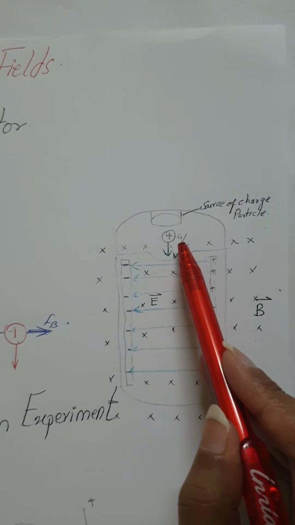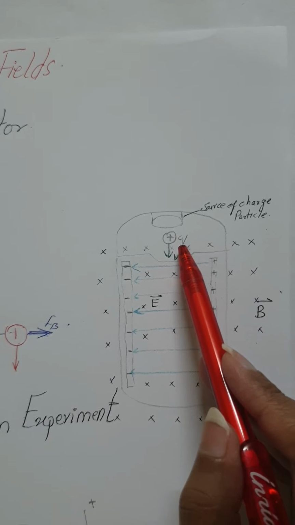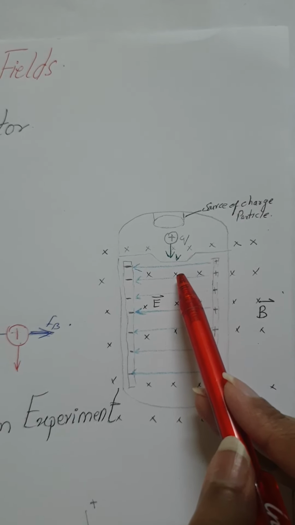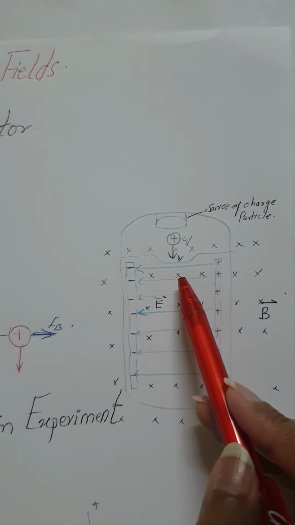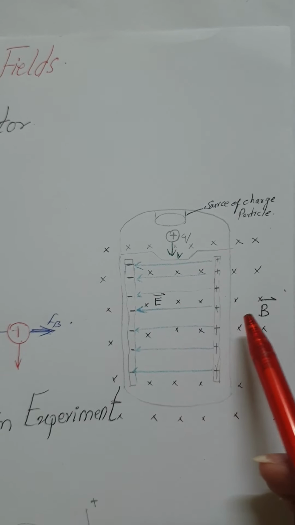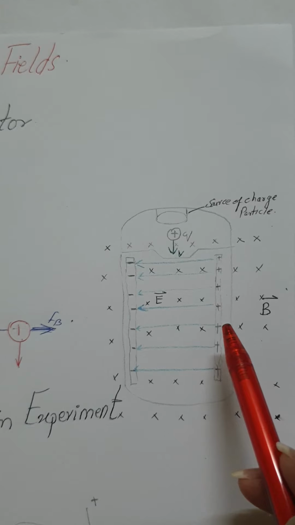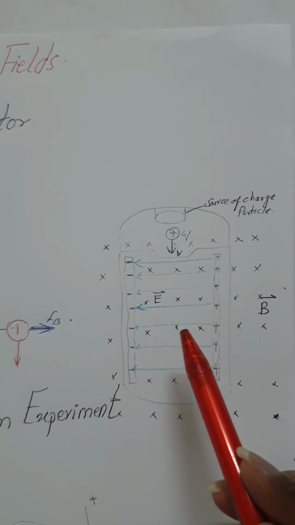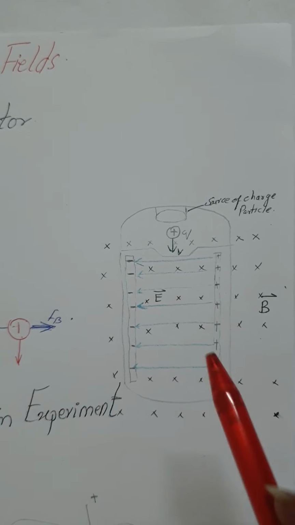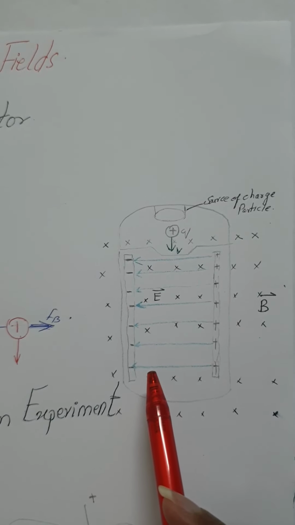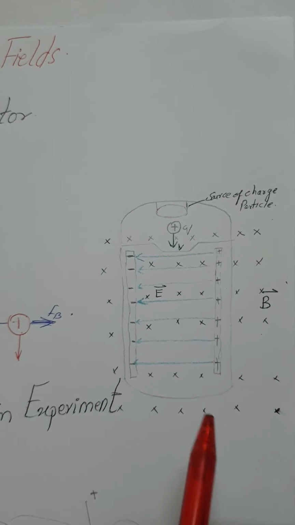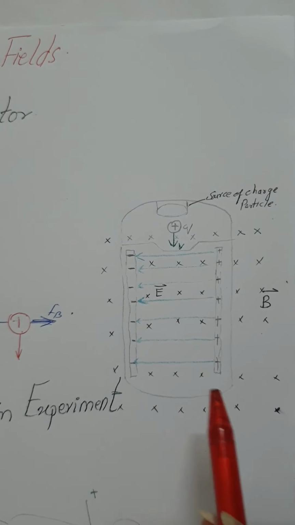So a charged particle of mass m, charge q and speed v enters a region of space where the electric and magnetic fields are perpendicular to the particle's velocity, and they are also perpendicular to each other. The electric field is to the left and the magnetic field is into the plane of the figure.